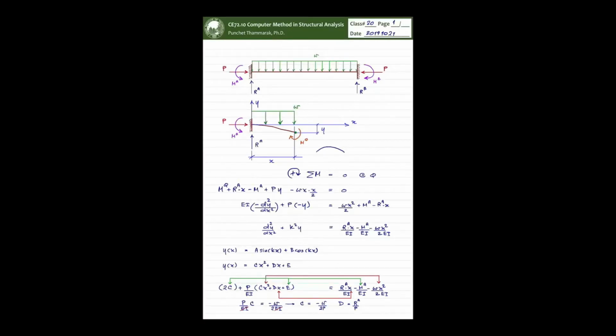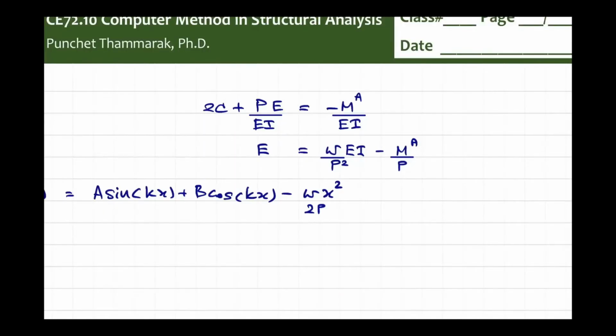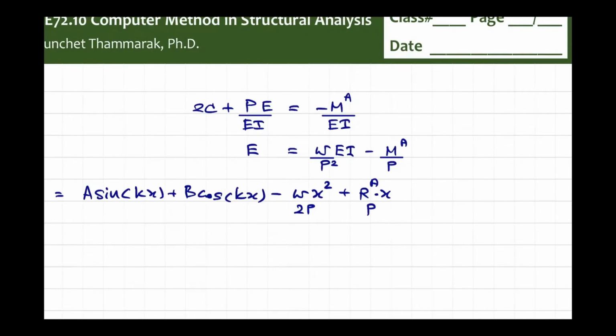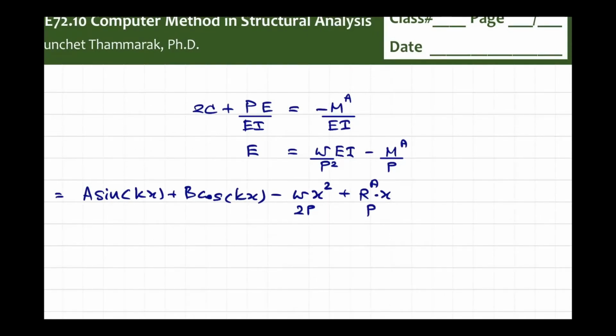And the D is R over P plus RA over P multiplied by x, and then the last term plus WEI over P squared minus MA over P.